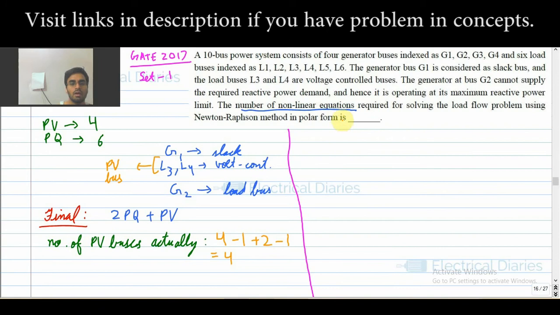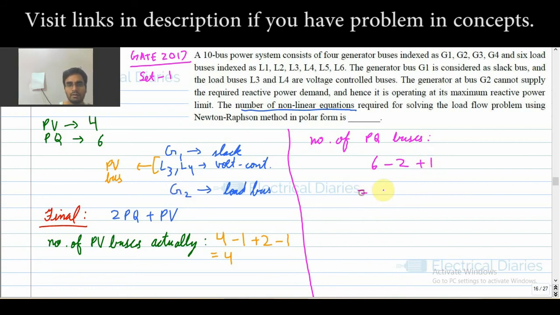Now you calculate the number of PQ buses. Originally they were 6. Out of those, 2 have become PV buses, so you subtract 2, and one of the generators has become a load bus, so you add 1.